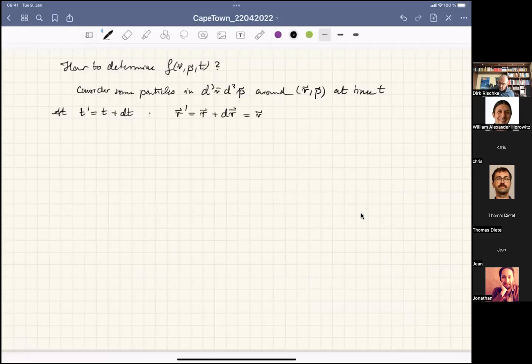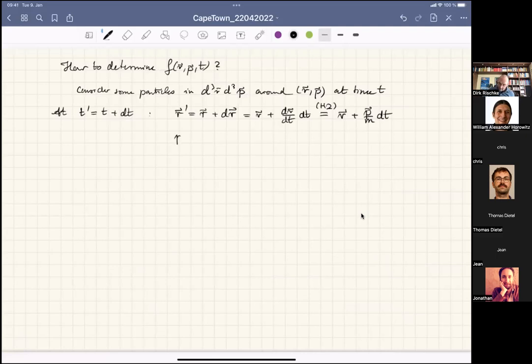Of course, I can multiply dr by dt over dt. So dr over dt times dt, and dr/dt is r dot. And if I use Hamilton equation 2, I get r prime is r plus velocity, p over m, dt. R dot was velocity. I write it as p over m, but you can also write it as v.